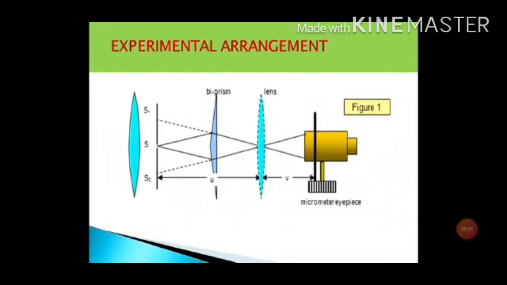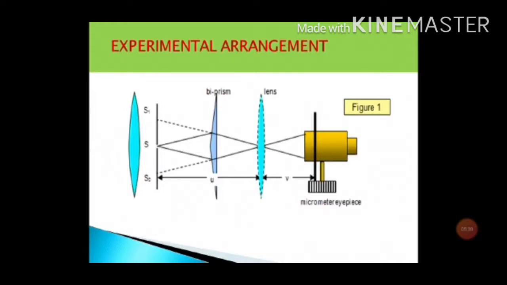In the first upright we put the slit, in the next the biprism, in the third a convex lens, and in the fourth a micrometer eyepiece. With these four uprights, by making certain adjustments, we will find the different values of capital D, small d and beta.